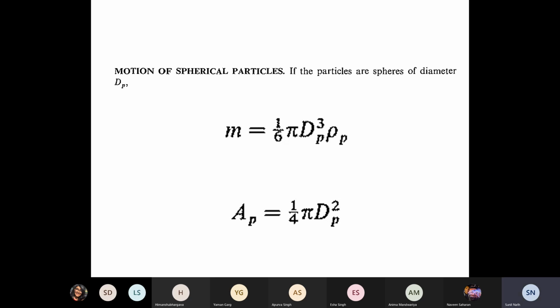So please see that you can derive g dp squared (rho p minus rho) by 18 mu from this by limiting further this general expression for the sphere for Reynolds number less than 1 and using the well-known inverse dependence of the drag coefficient on the Reynolds number, particle Reynolds number, I should say.